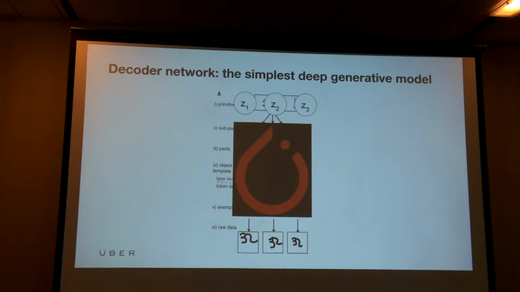Okay, so in the last tutorial, we looked at this decoder network, which is sort of the simplest deep generative model that we could come up with. We take a bunch of independent noise, feed it through a neural network that parameterizes some final distribution that we finally sample some data from.